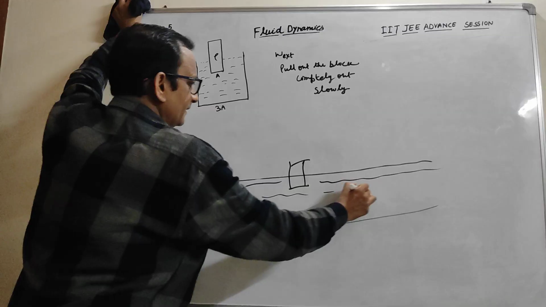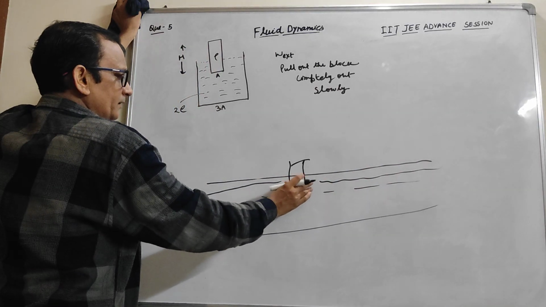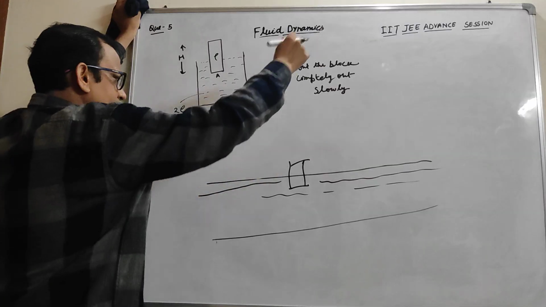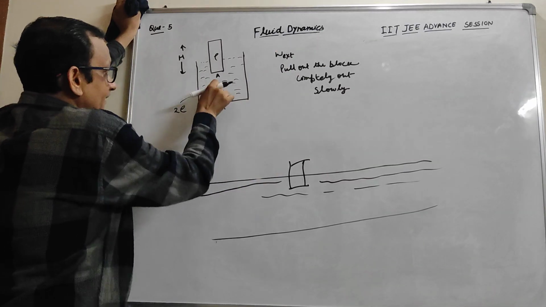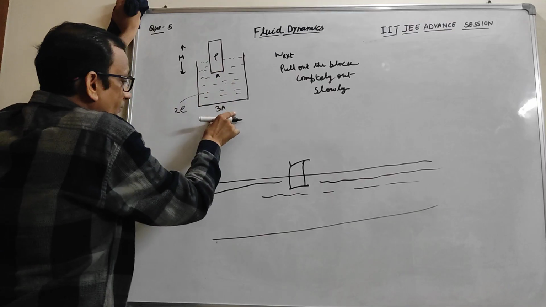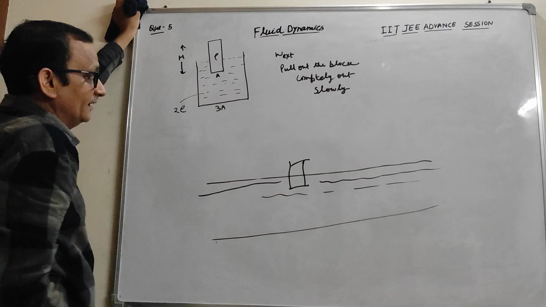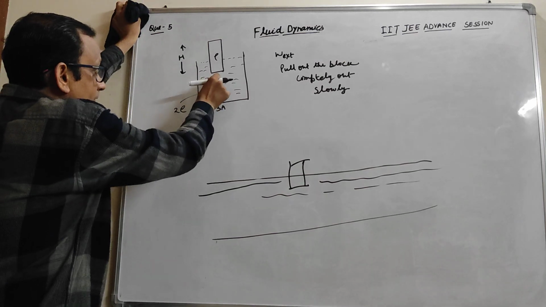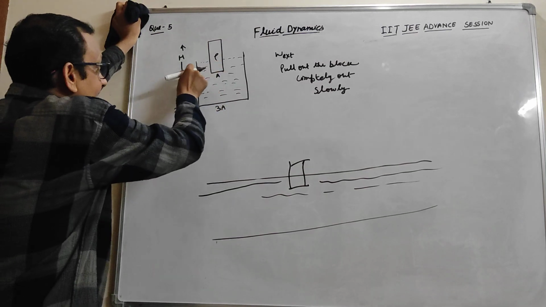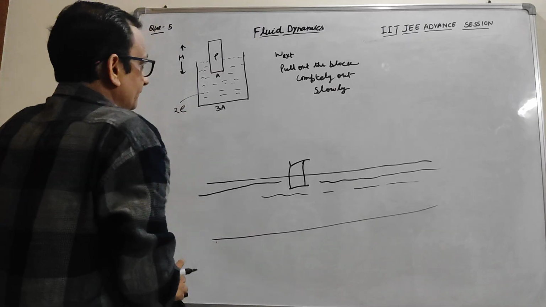But here the area of the block and the area of the container are both considerable. Both affect the submerged length. So understand this phenomenon.